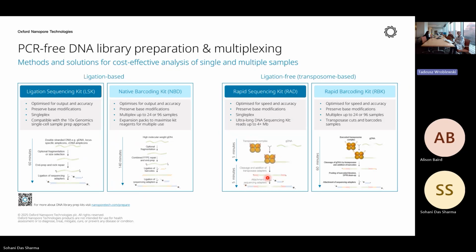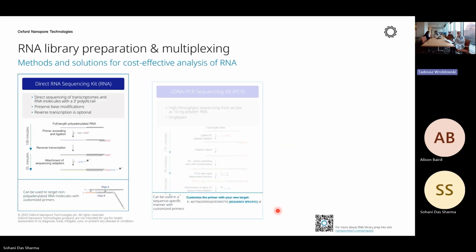It does the tagmentation and, if barcoding is needed, attaches the barcodes. And then there is the attachment of the sequencing adapter, which is similar for all the chemistries, and then you load the sample. So this is good. It works perfectly, depending on what type of application you are doing in your lab.